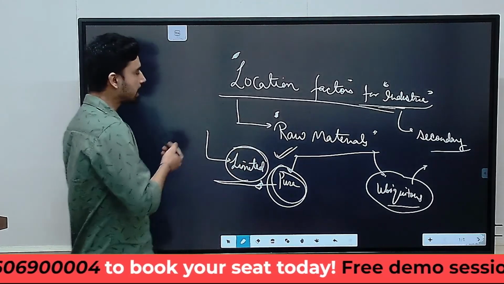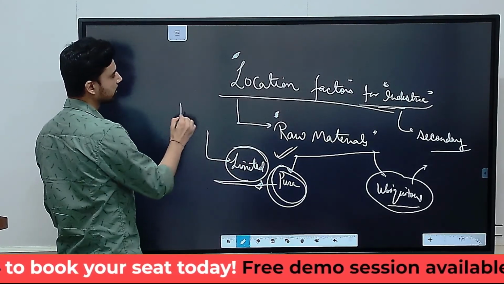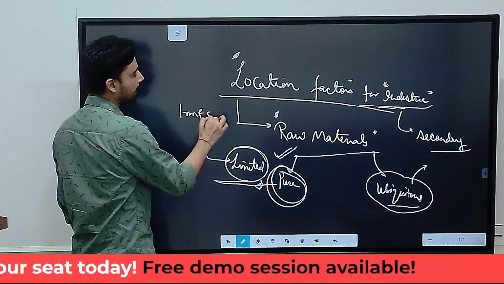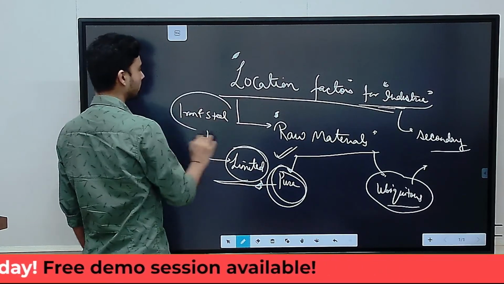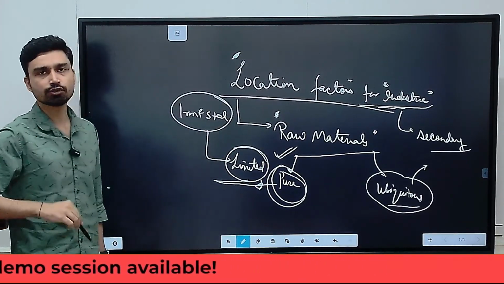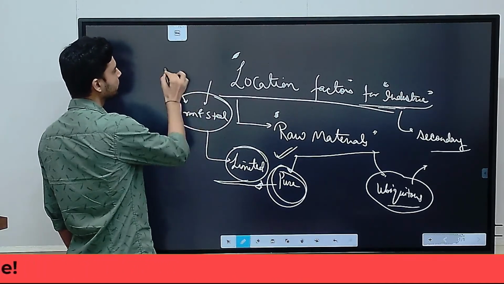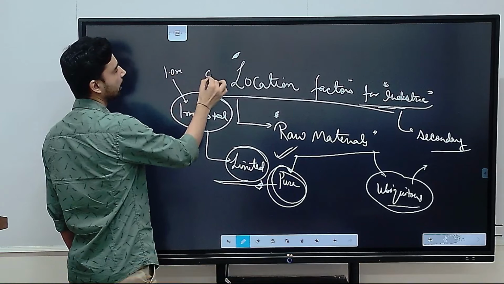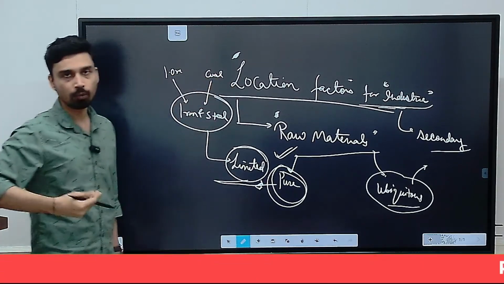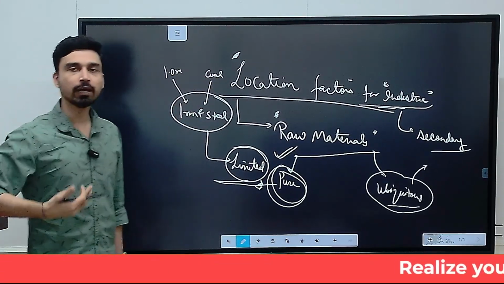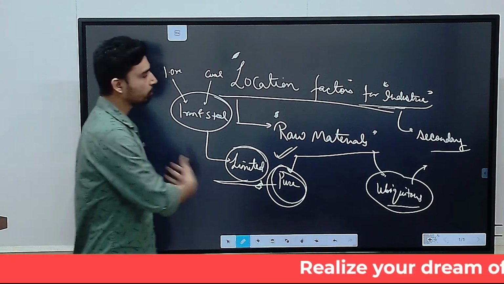The best example of this is the iron and steel industry. Iron and steel industry requires two types of raw material: iron ore and coal. Both iron ore and coal are not found ubiquitously everywhere.